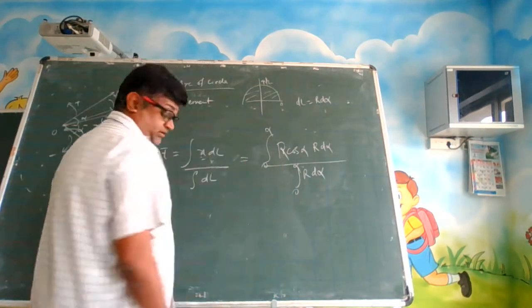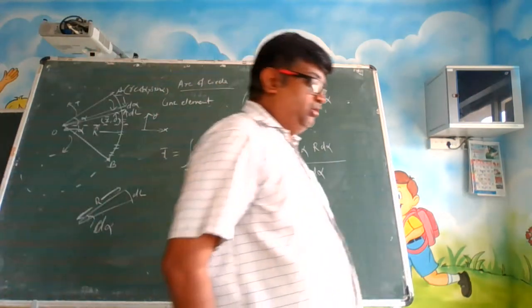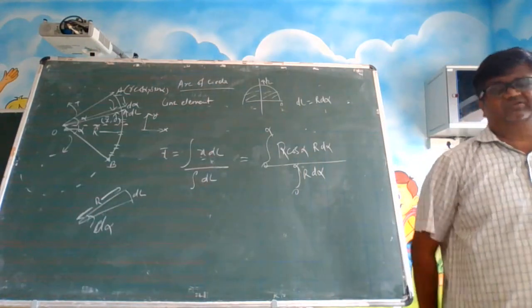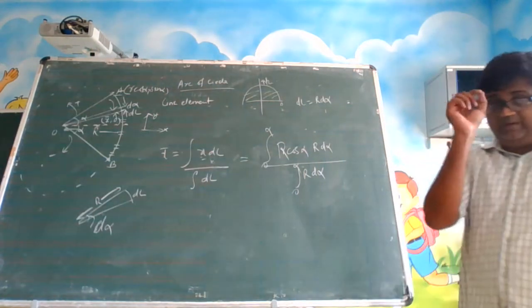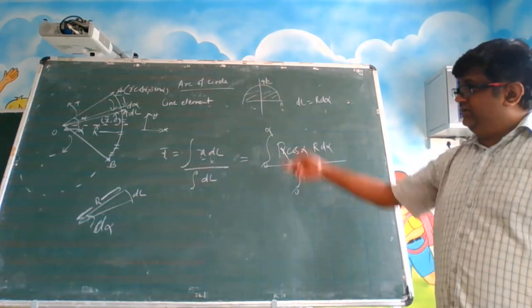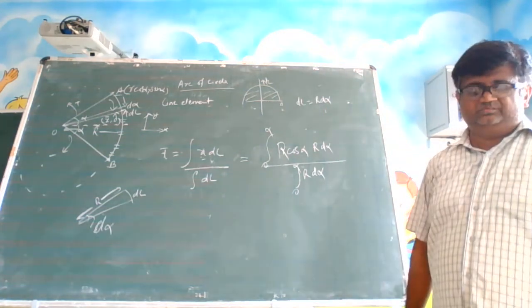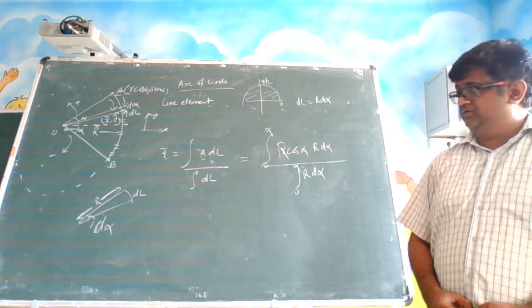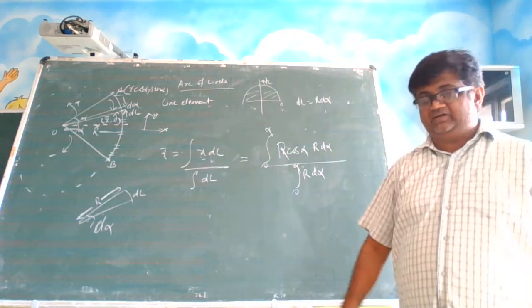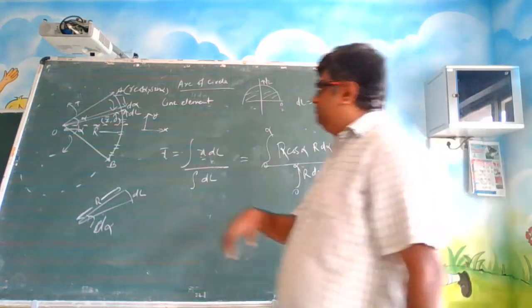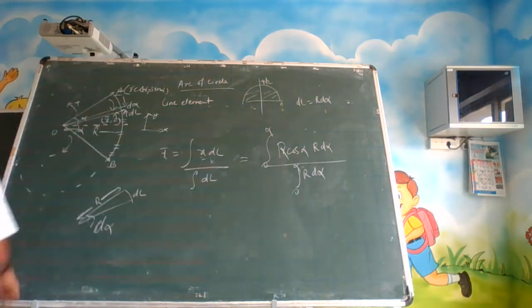Now this whole thing is applicable only if it is a symmetrical situation. The word symmetry is very important. Everywhere you cannot apply like that. Here there is a symmetry. That is why. Suppose here alpha, here beta angle was given, then you cannot use that.